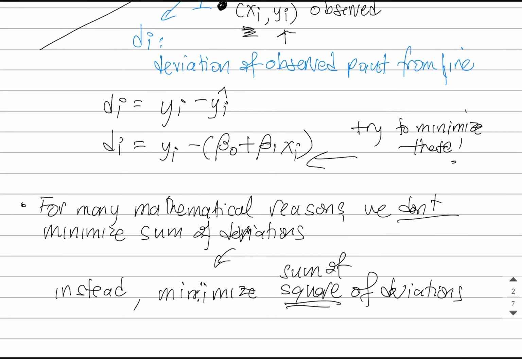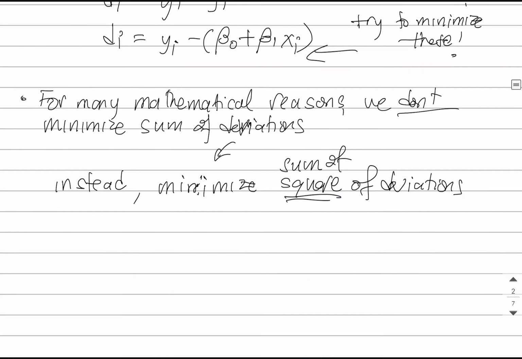One simple reason is that you could use things like orthogonality from linear algebra, if you know what that means. And regardless of whether we get those terms or not, this is the quantity that we're going to try to minimize. So it's going to be the sum of all of these deviations between the observed values and the predicted values.